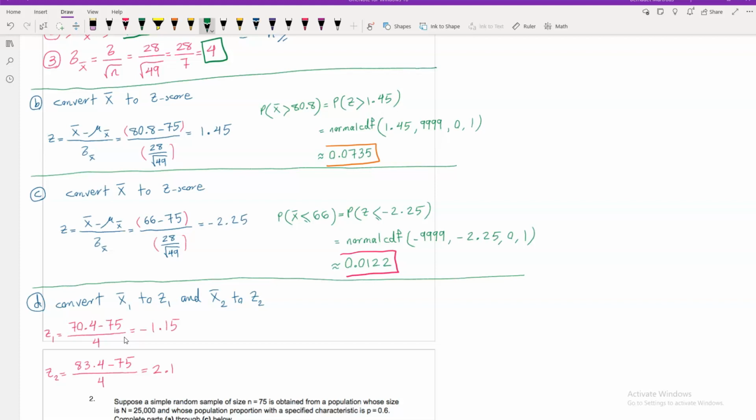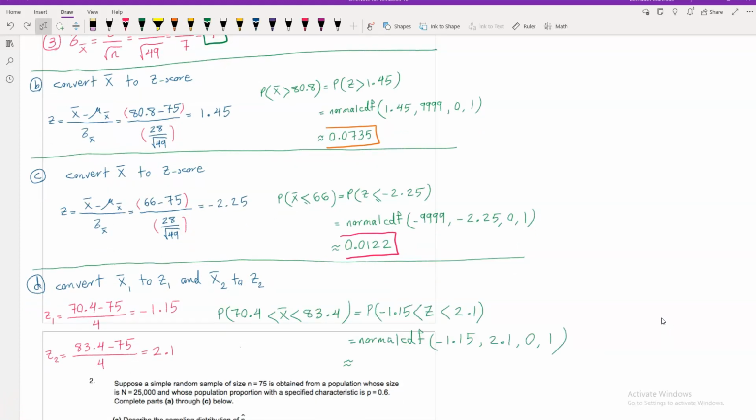Now we have to find the probability. So the probability when x bar is between these two numbers is equal to the probability when z is between z1 and z2. In this case, we're not going to use positive infinity or negative infinity. We only need to enter z1 and z2, then 0 and 1 for mean and standard deviation. So normal CDF, negative 1.15, comma 2.1, comma 0, comma 1.